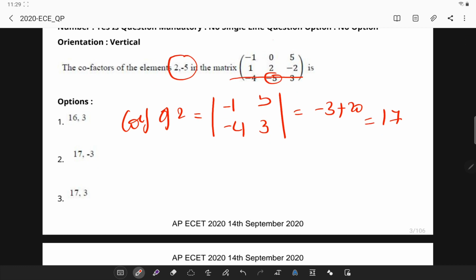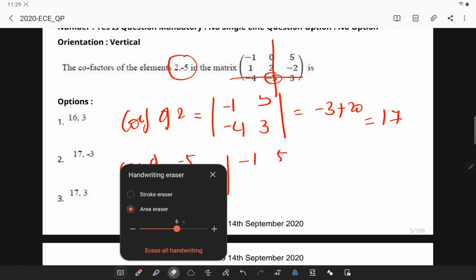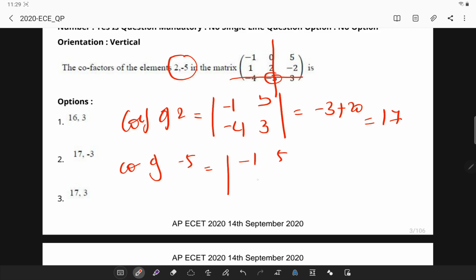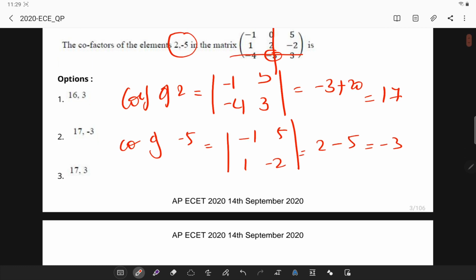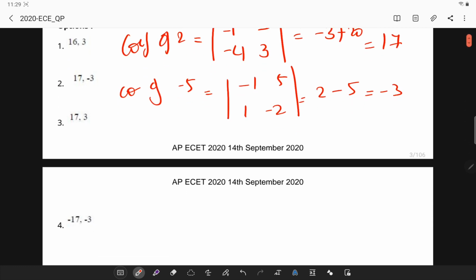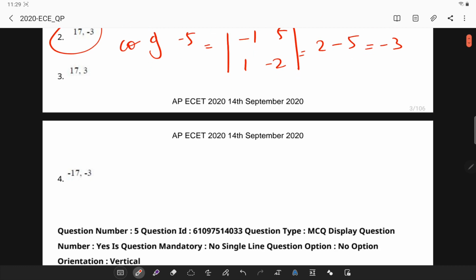I will simply draw a line. So cofactor of minus 5 is again minus 1, 5, 4, 1 minus 2. This is 2 minus 5, which is minus 3. So 17 and minus 3. So you have your second option.